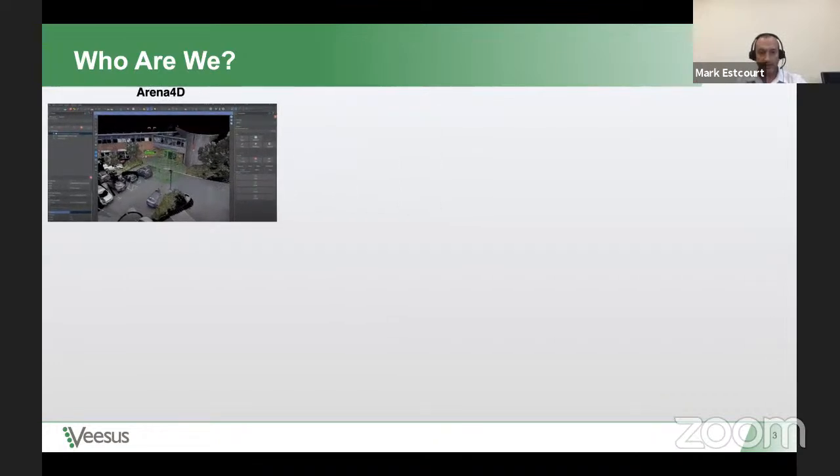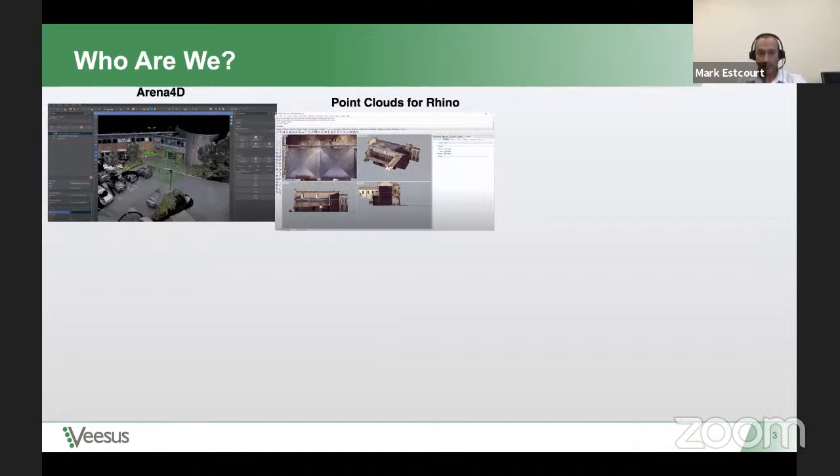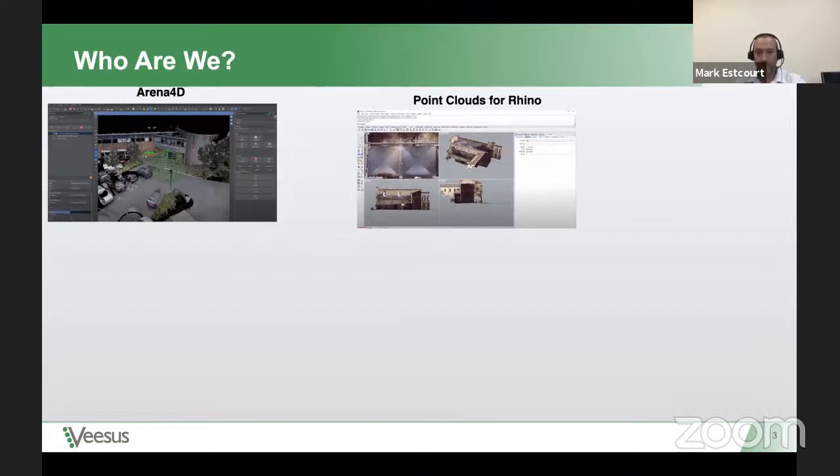We then took the engine out of Arena 4D, extracted it, and put it into Rhino itself. So we could effectively give Rhino the power of our engine, but within the familiar native environment that Rhino users are completely familiar with. So if you had point cloud data and you use Rhino, the plugin is the thing that helps you use that data for whatever you might be using it for.